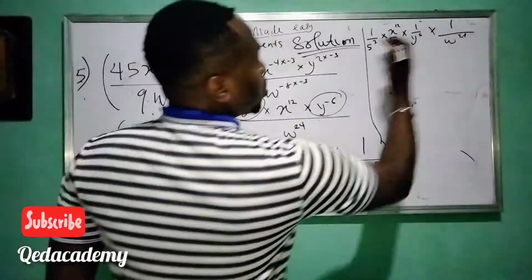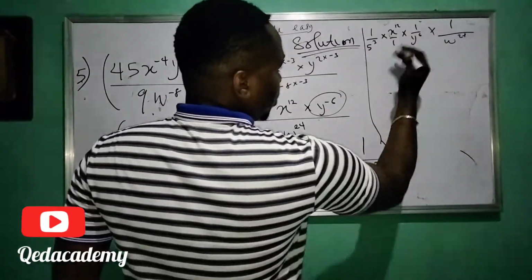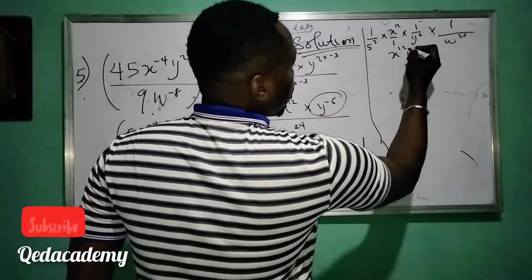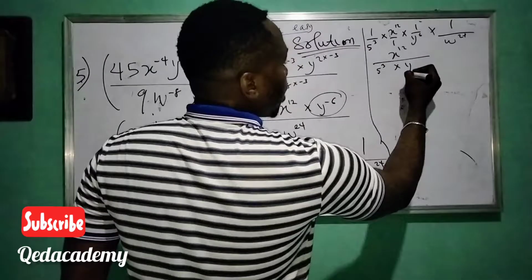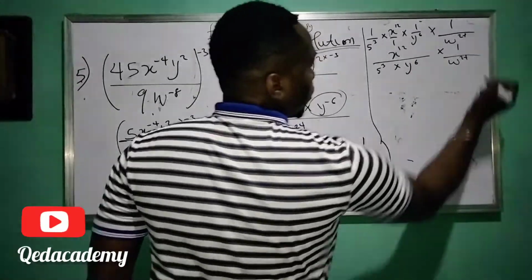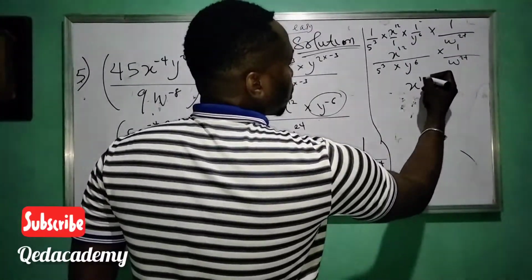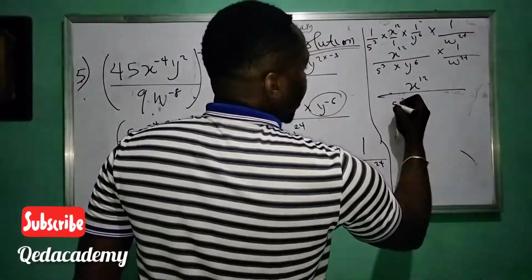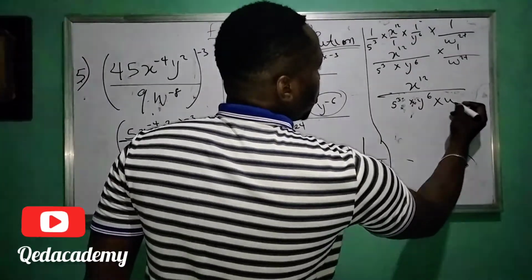So if you multiply this all together, this becomes x raised to the power 12 over 5 raised to the power 3 times y raised to the power 6 times 1 over w raised to the power 24, right? So if you put this in perspective, this time this becomes x raised to the power 12 over 5 raised to the power 3 times y raised to the power 6 times w raised to the power 24.